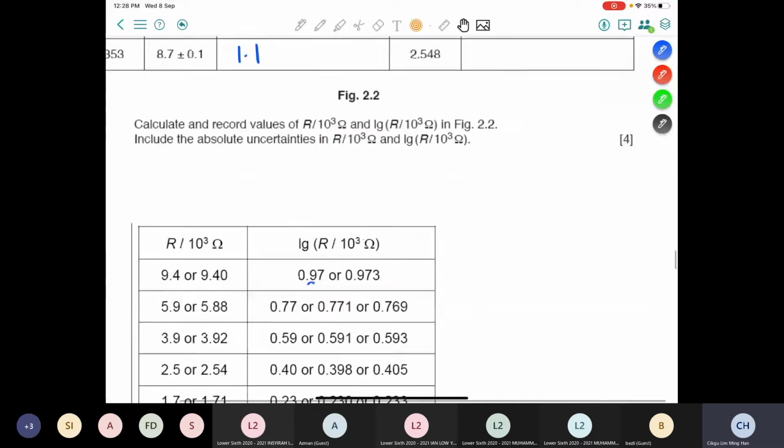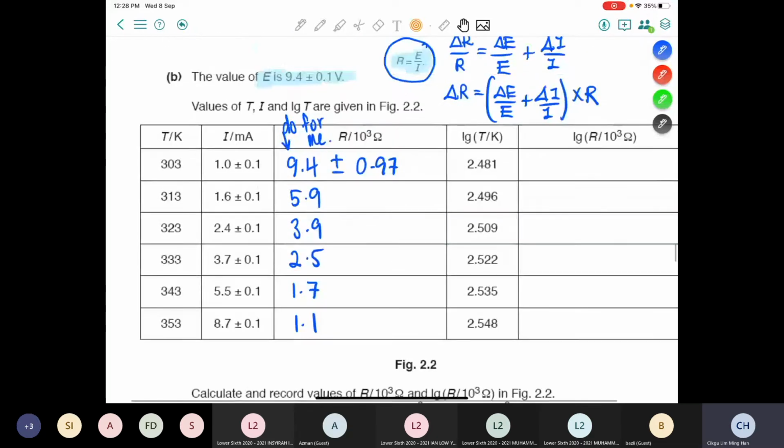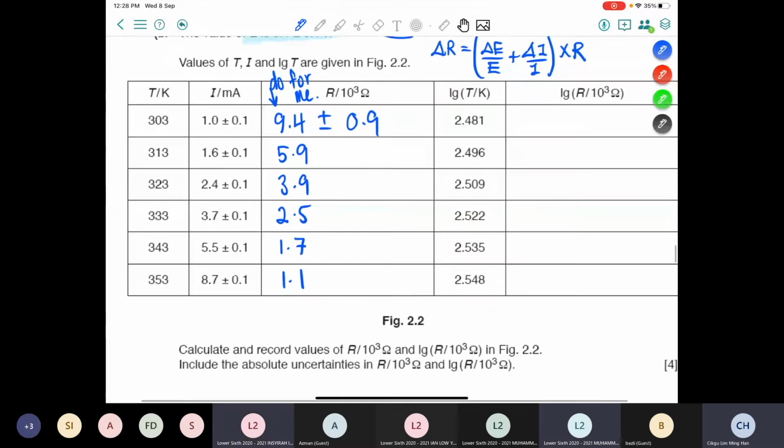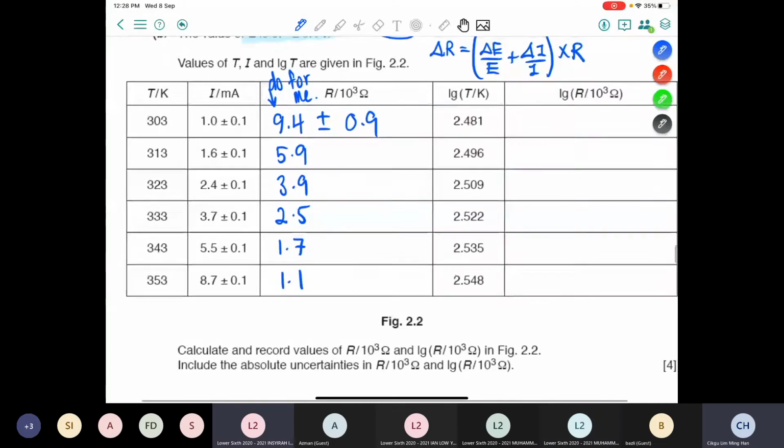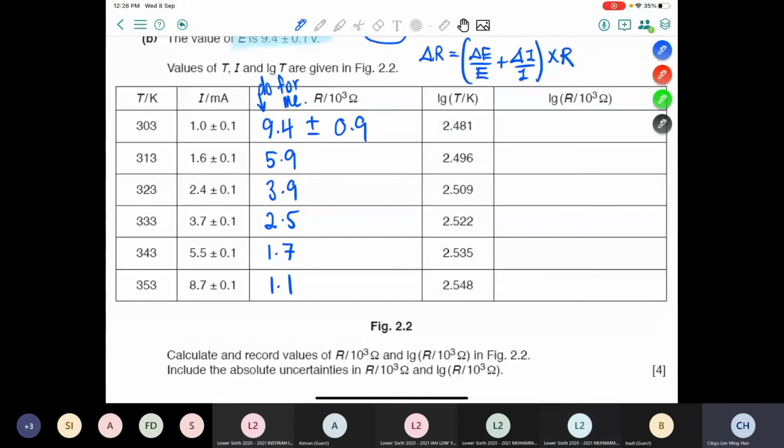Just now someone said 1, is that right? Can you get 1? Can you get 0.9? I got 1.04. Okay, thank you. So it's 1.04.